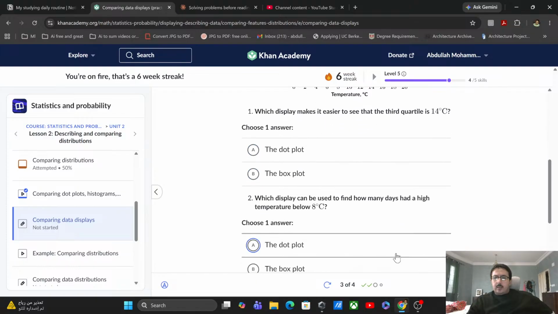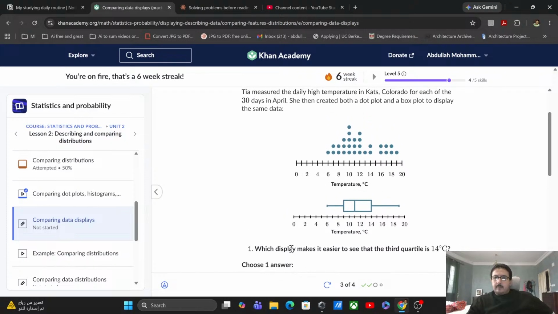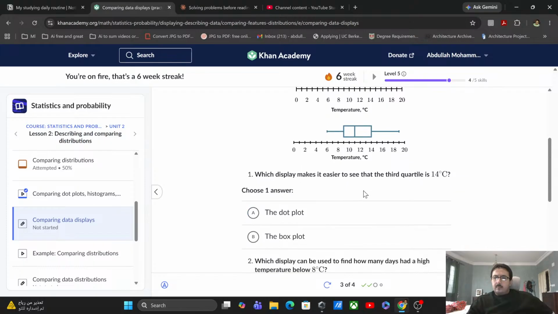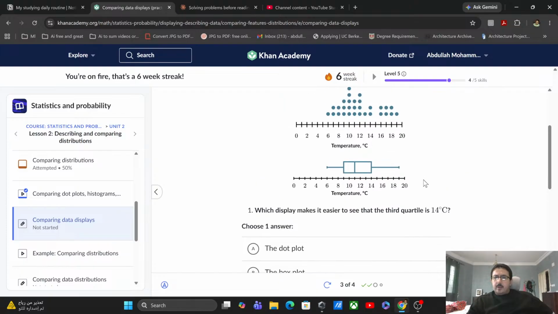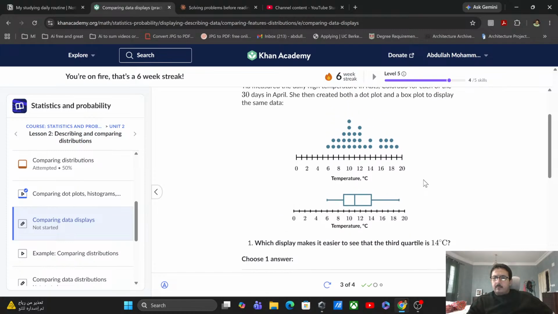What is the third quarter? It can be used to find how many days had a high temperature below 8 degrees. But 3 days below 8, right? It's 14 degrees. I don't know what this means. Third quarter. I got 2 days.